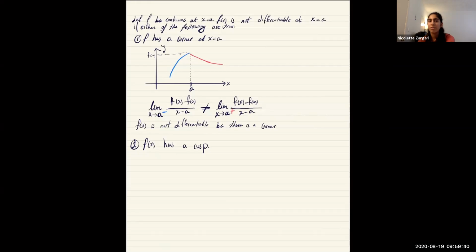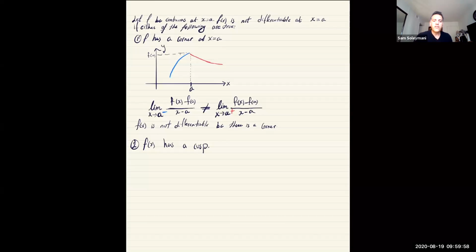Well, the cusp goes on infinitely, like in that shape. The corner is just there. The derivatives at a corner are finite.